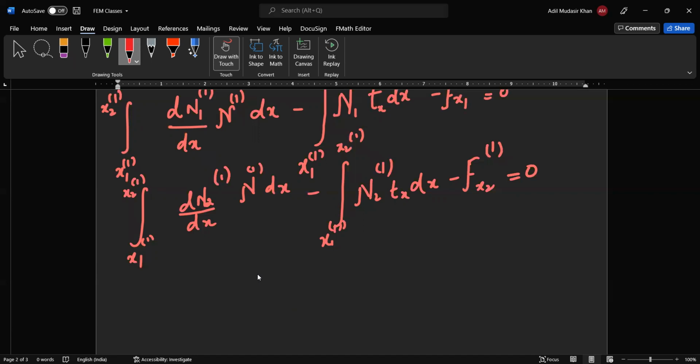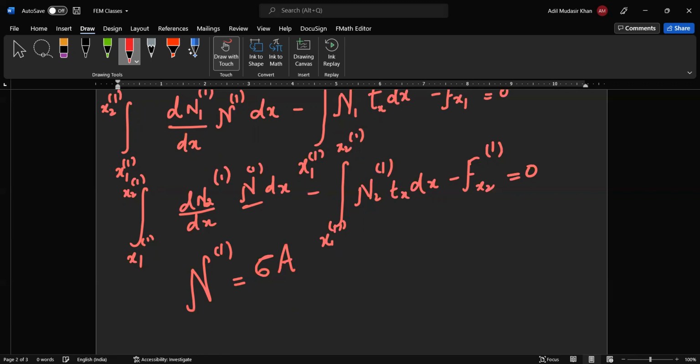As in previous terms we defined this neta, and we stated this neta has something to do with the stress. Neta is a force. Neta on element 1 is equal to stress multiplied by area.